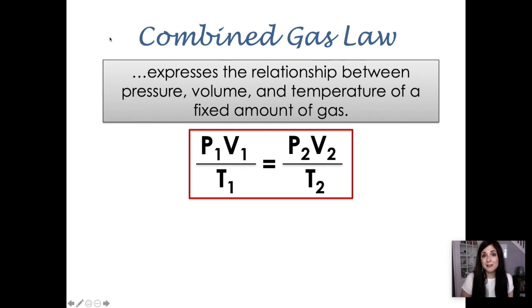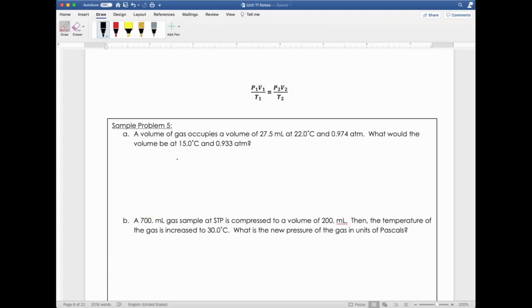So knowing all of that information, let's go ahead and try sample problem 5. A volume of gas, so I'm going to write the work out like I normally do. A volume of gas occupies a volume of 27.5 milliliters at 22.0 degrees Celsius and a pressure of 0.974 atmospheres.